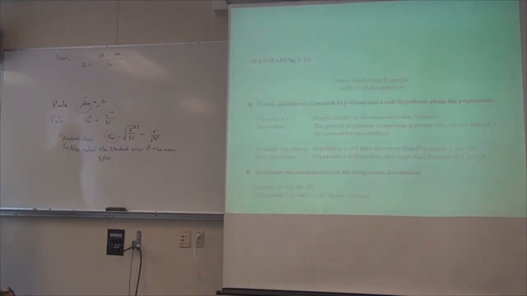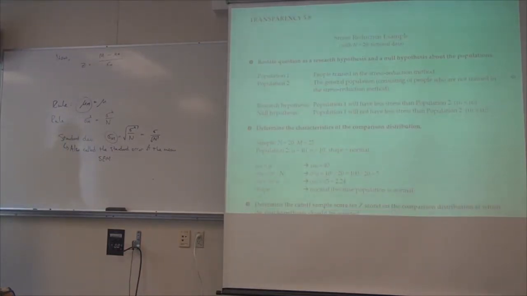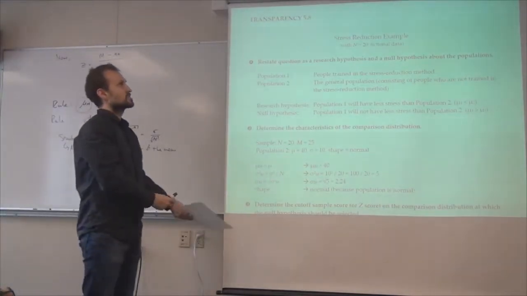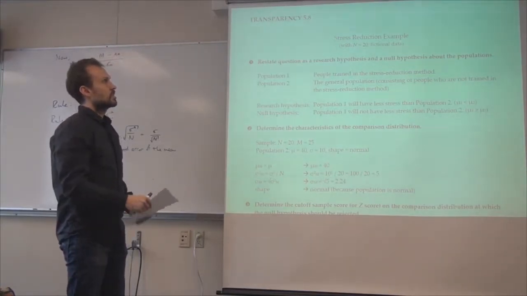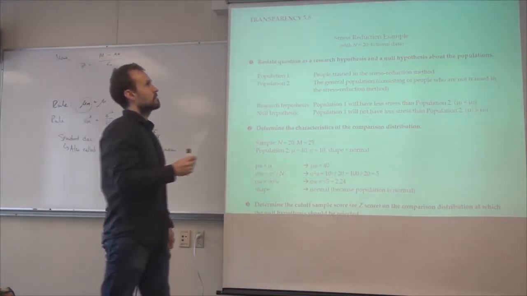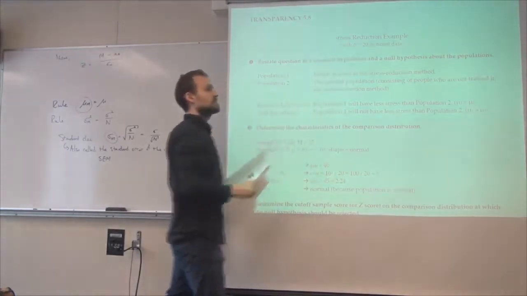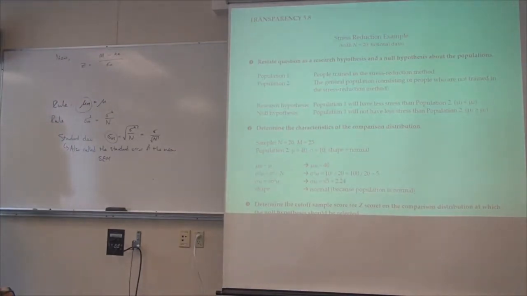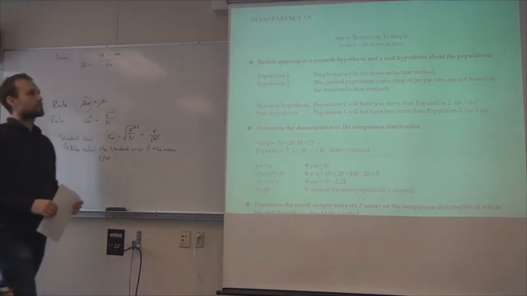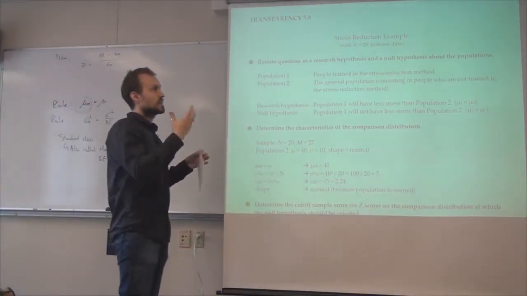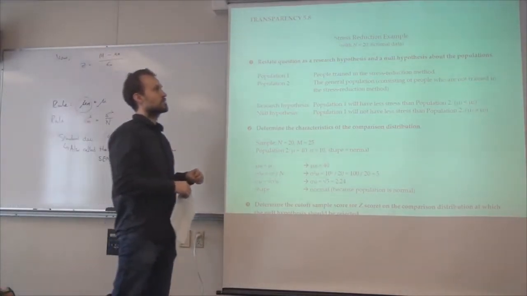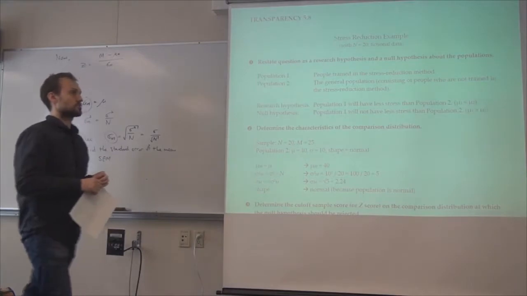So if we go to our familiar examples, the stress reduction example, where I am now taking a sample of 20 individuals to see if the treatment or the program to reduce stress had any effect. So my population is the people trained in the stress reduction method, and I compare that with the general population, those not trained.